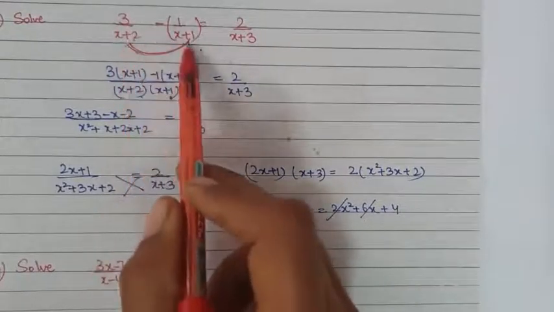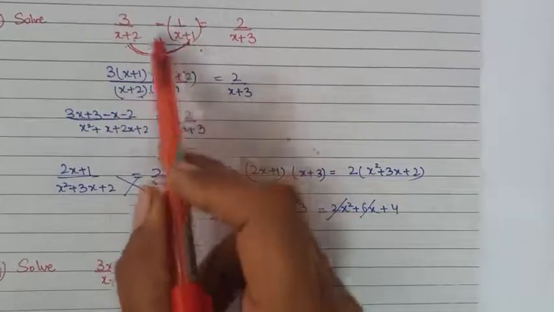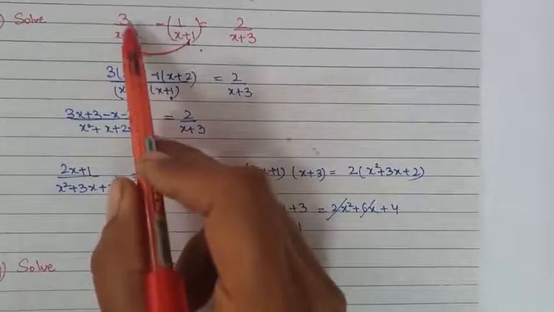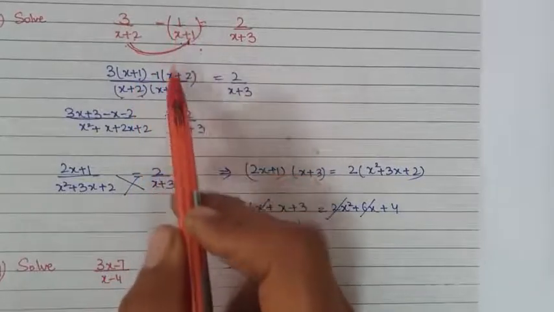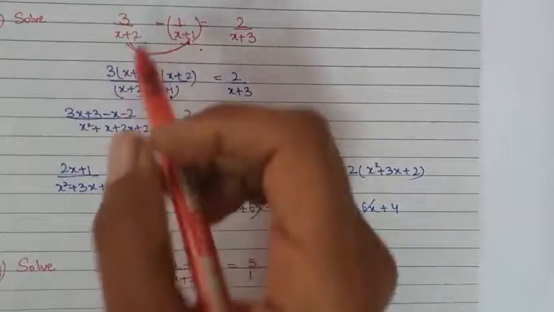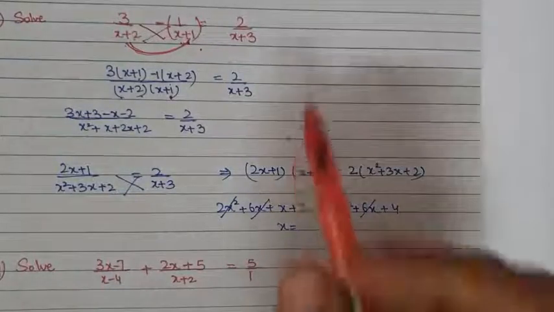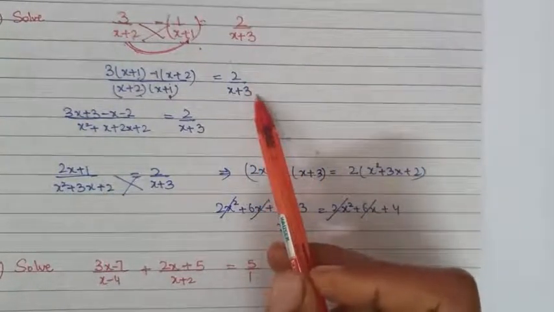So multiplying these two, then cross multiplication, that is 3 into x plus 1 minus 1 into x plus 2. I am doing nothing but the cross multiplication. This will remain as such.